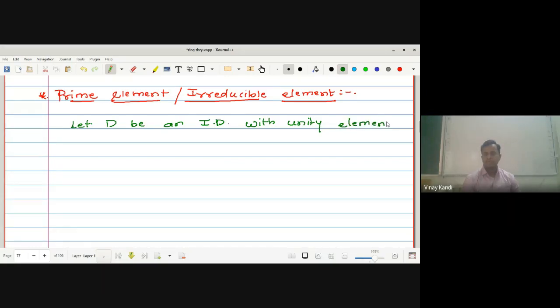What is the unity element? 1. A non-zero, non-unit. तो एलिमेंट कसा पाहिजे? नॉन झिरो हवा आणि नॉन युनिट एलिमेंट.